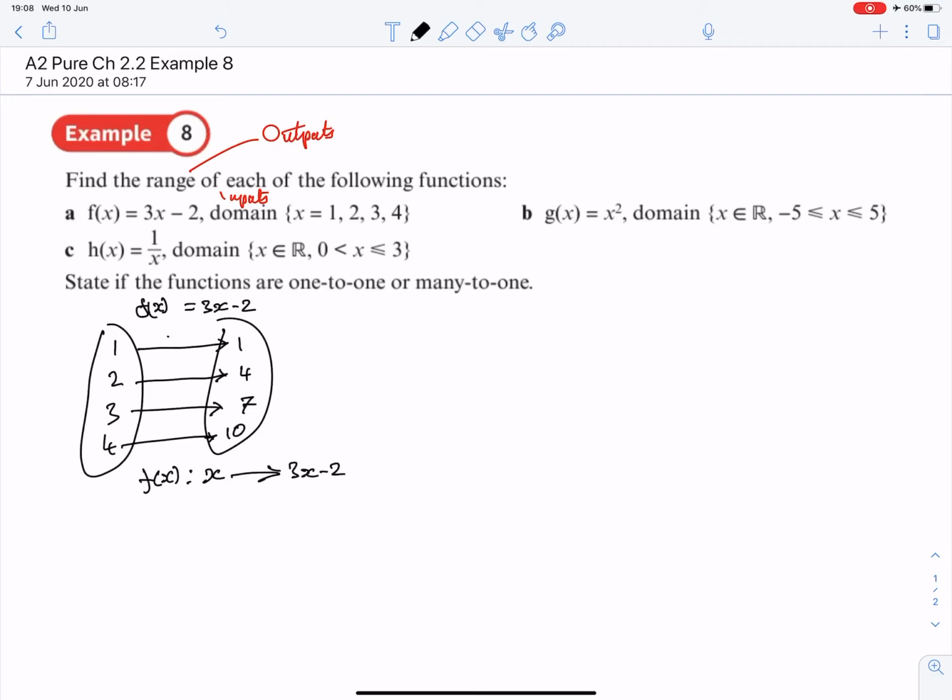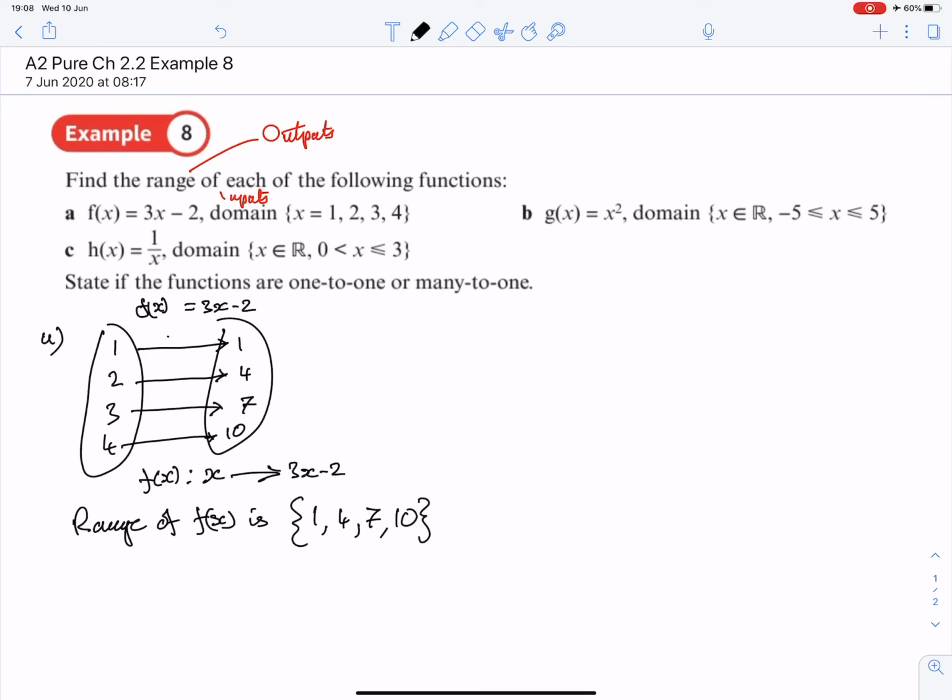So how are we going to write that out? So the range of f(x) is the set 1, 4, 7, 10.